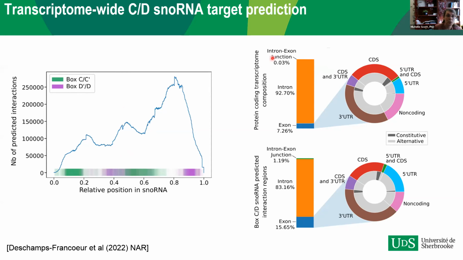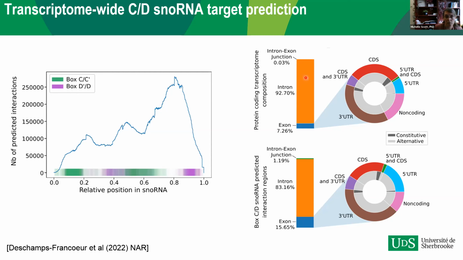If we look at which regions of the transcriptome are predicted to be targeted by box C/D snoRNAs, here we're looking at the entire human transcriptome in terms of 13 nucleotide windows, because that's the size of sequences that the predictor considers.